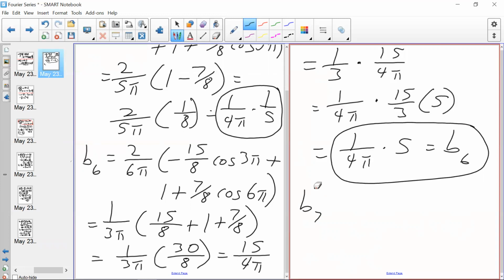And then B7, 2 over 7 pi. Remember, 2 over n pi. N is equal to 7 now.